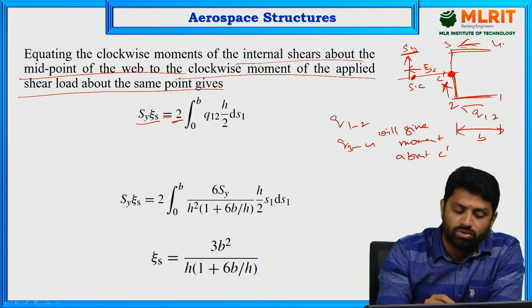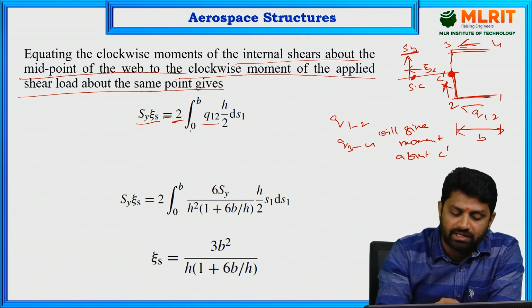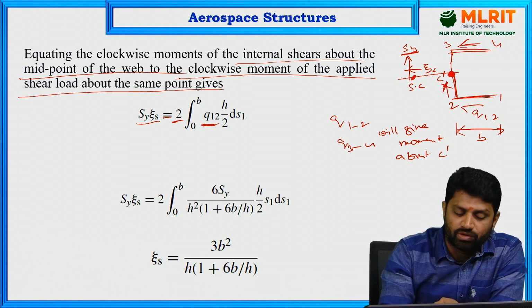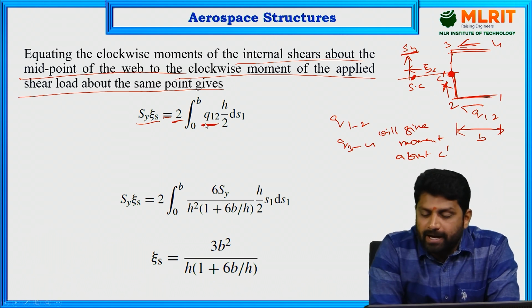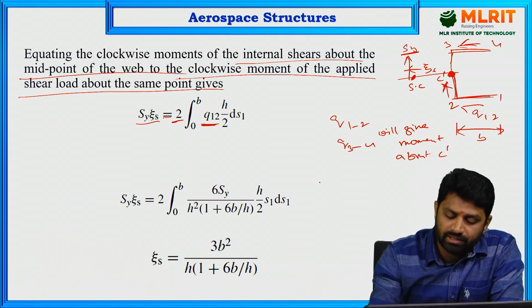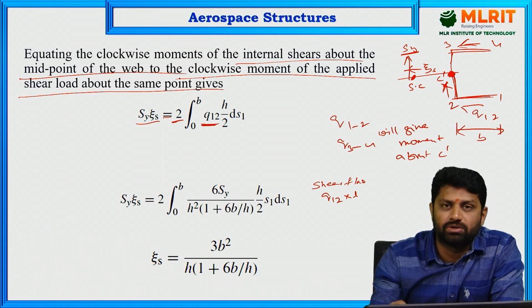For 1 2, I am writing the integral from 0 to B of the shear flow Q12, and since we need to write the moment, the shear flow Q12 must be multiplied with the length on which it is acting to convert into shear force.